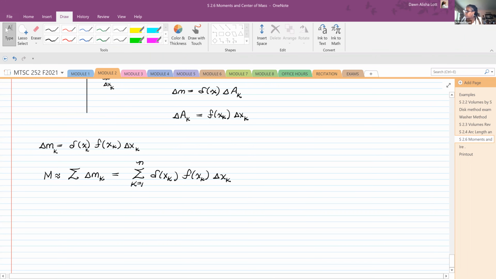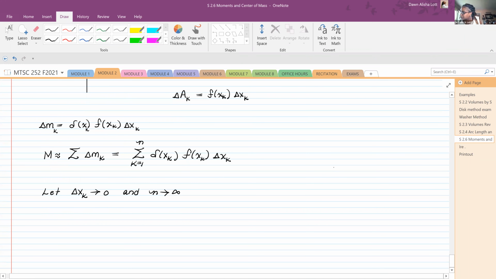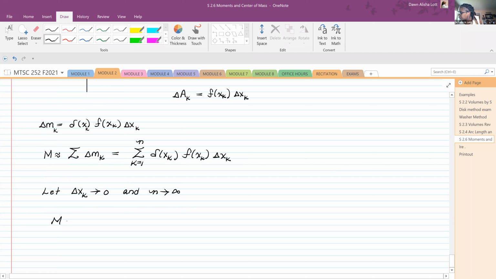Okay, so now we're going to let the delta xk's go to 0 and n go to infinity. So therefore I get my mass becomes the limit as n goes to infinity of the sum k equals 1 to n of delta of xk f of xk times delta xk.